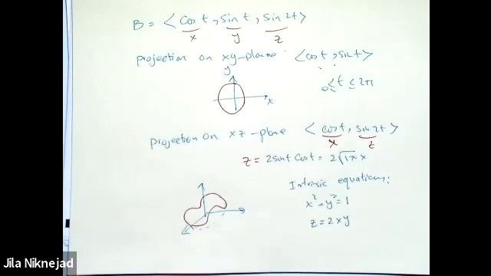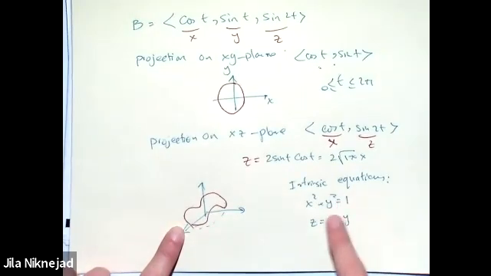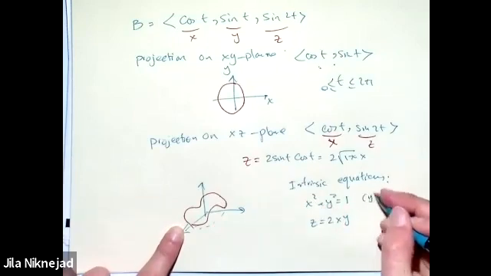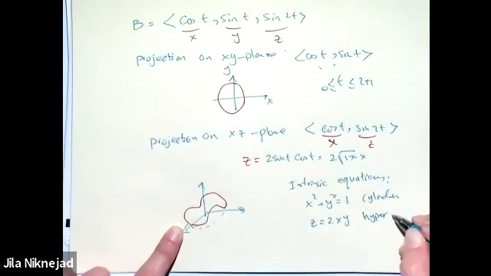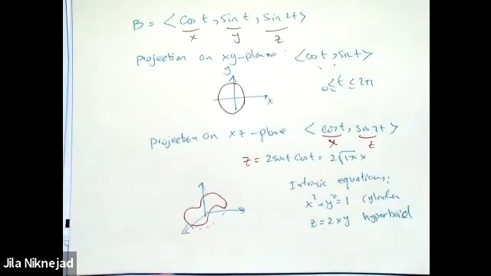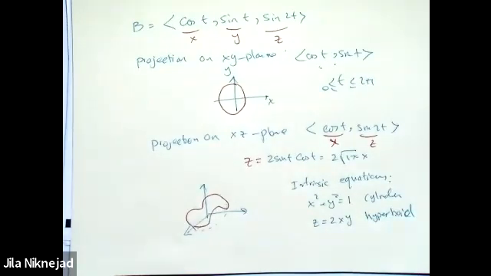And so basically, this shape is the intersection of the cylinder and the hyperbolic paraboloid. So imagine a cylinder that comes up, and then a hyperbolic surface is intersecting it.